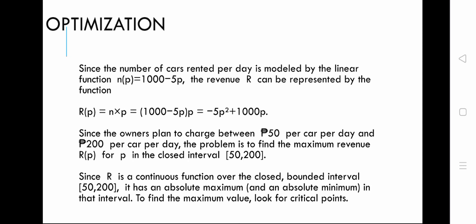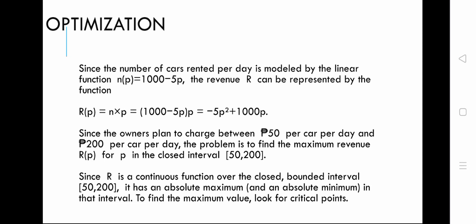So, we'll simplify the function to get R of P, which is negative 5P squared plus 1,000P. Since the owners plan to charge between 50 per car per day and 200 per car per day, the problem is to find the maximum revenue R of P for P in the closed interval 50 to 200, kasi nagbigay na sila ng closed interval which is between 50 and 200.